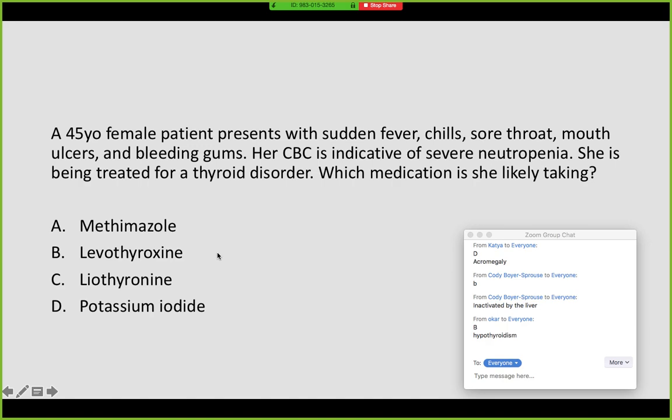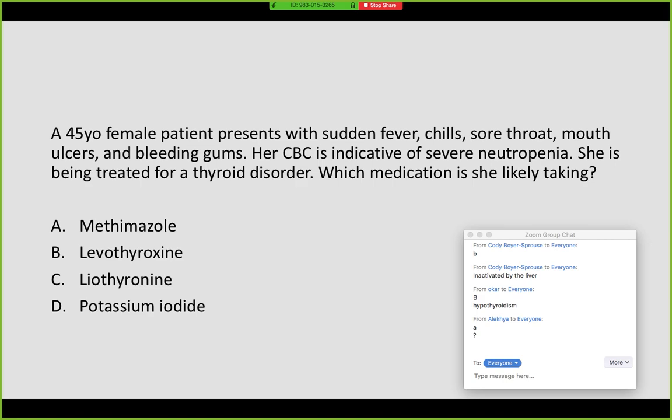So think back to that medication we talked about that had a really severe blood cell related adverse effect. It caused a decrease in white blood cells. Right, so you're correct.